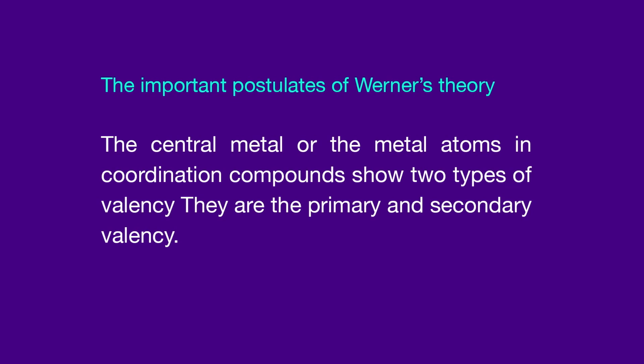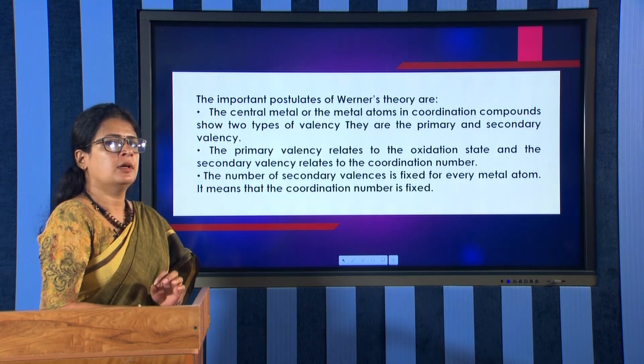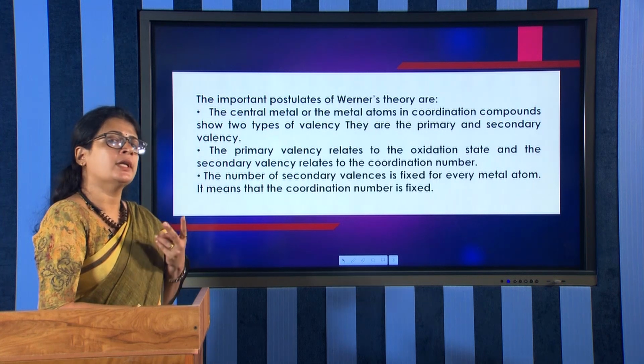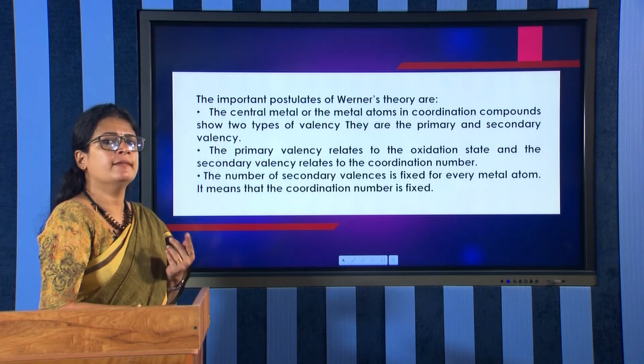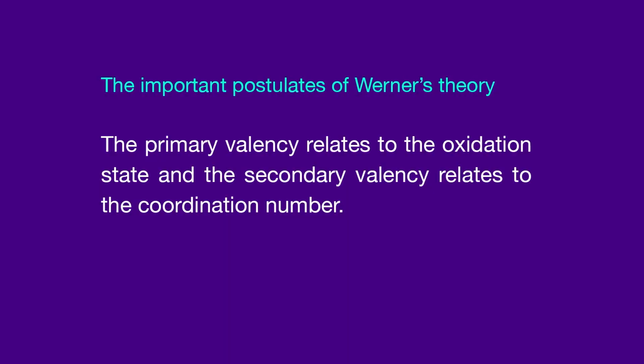Number one: the central metal atom or atoms in coordination compounds show two types of valency. They are the primary and secondary valency. The primary valency relates to the oxidation state and the secondary valency relates to the coordination number.